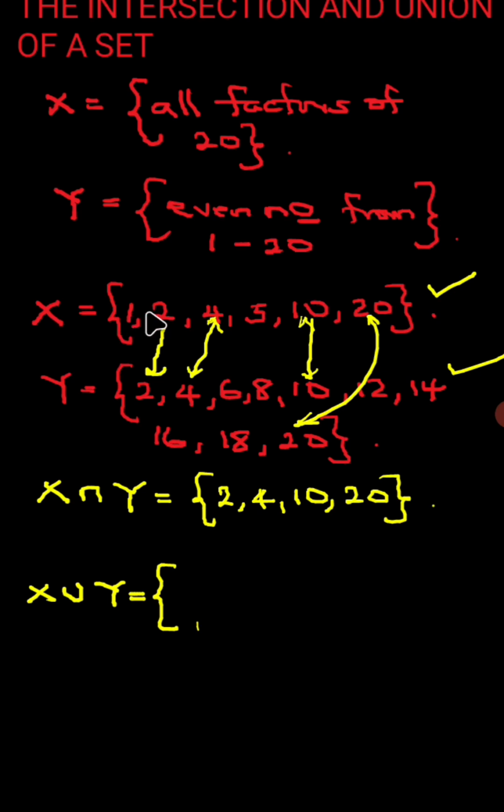So the first number here is 1, then the next one is 2, then followed by 4. I don't have to repeat each number multiple times.